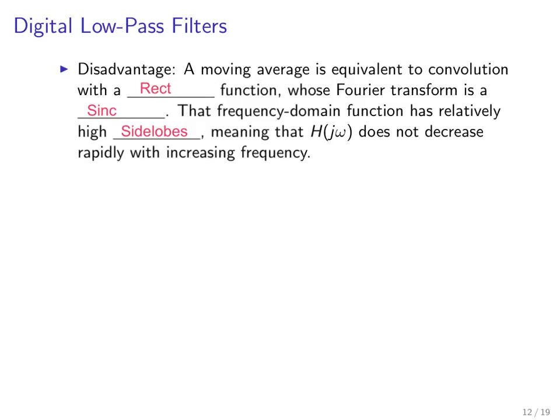So I'll draw these functions here. This is a rect function here on the left, and it's 0 most of the time, but it's 1 for this one short period of time. This is time t, and its Fourier transform is a sinc.